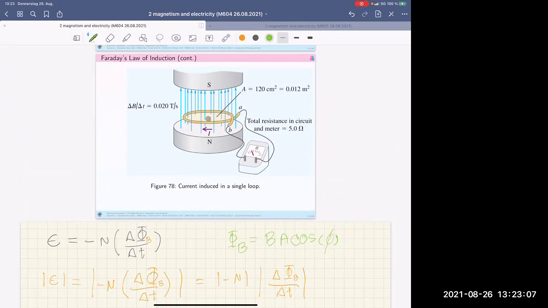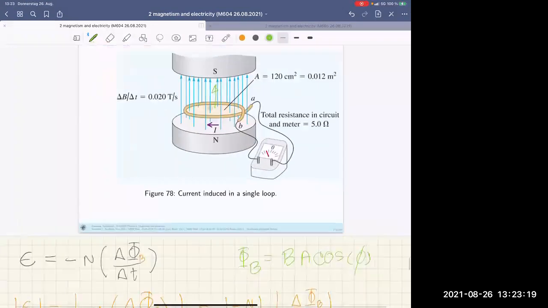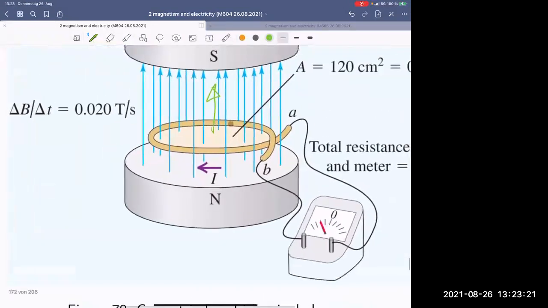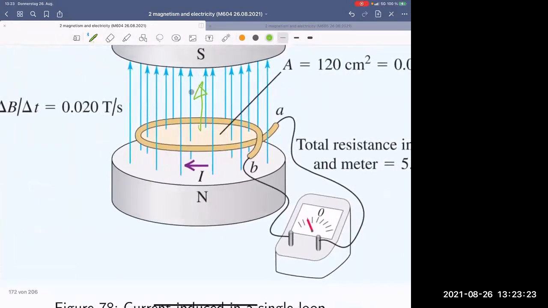You can see here that the green one is the normal vector for the area of this conductor, and the blue one is the magnetic field direction, the B vector and the N vector.